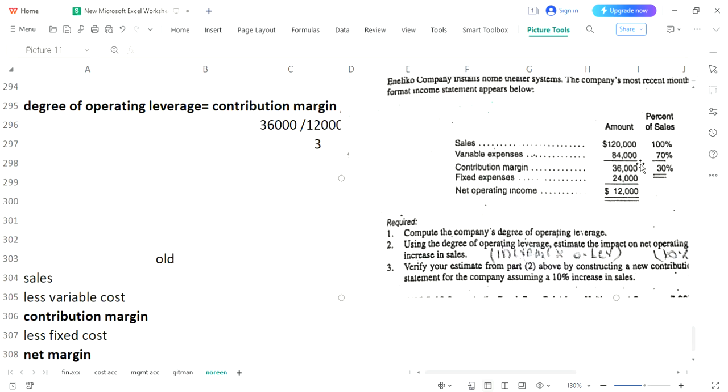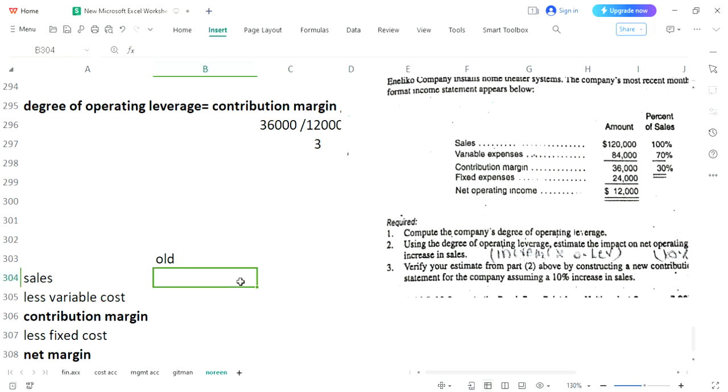The old data was 120,000 was the sale. You write over here. I'm just copying so that you can understand the difference between old and new. 84,000 was your variable cost. Contribution margin was 36,000. Everything I'm copying from here. This was given in your question.